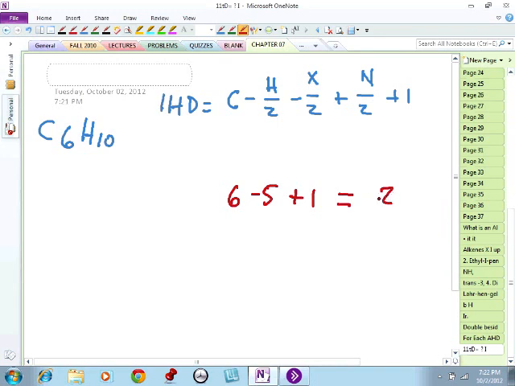So therefore, if I tell you a molecule has an IHD of 2, and I give you this formula here, and I say, give me a possible structure, what will you give me? You could give me anything, right? Okay, so you want to give me this here, right?